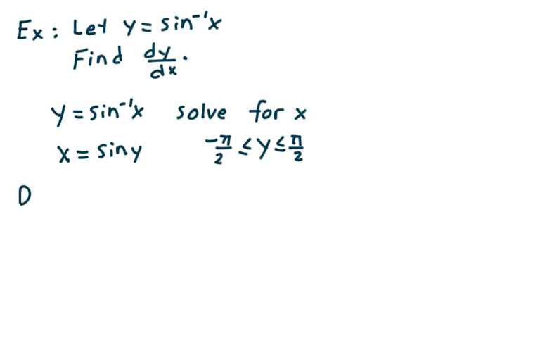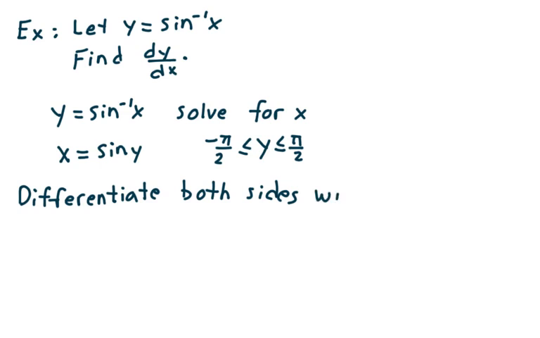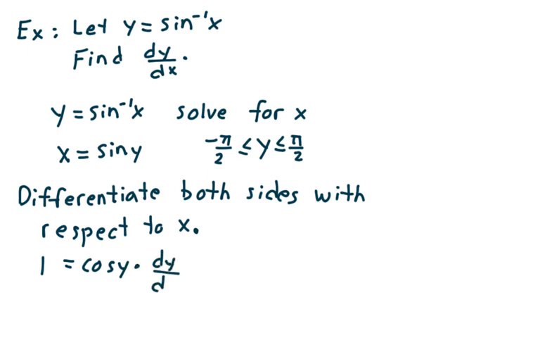Now we want to differentiate both sides with respect to x. Now, when I do that, I get 1 equals cosine y times dy dx.